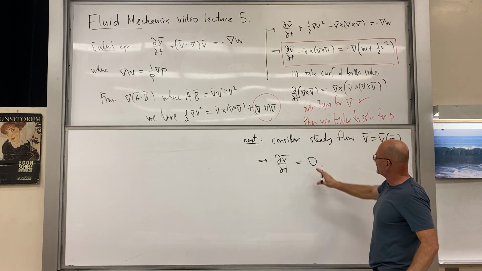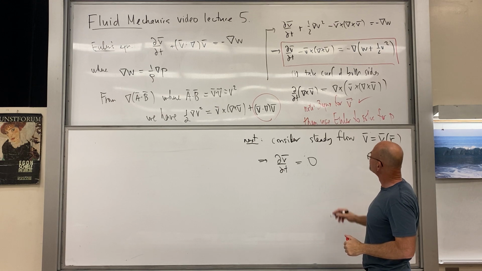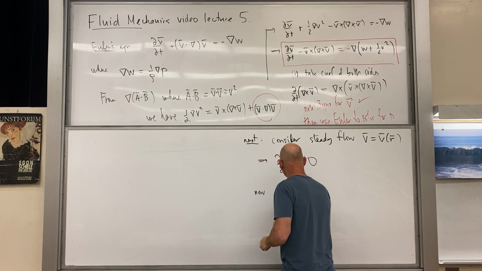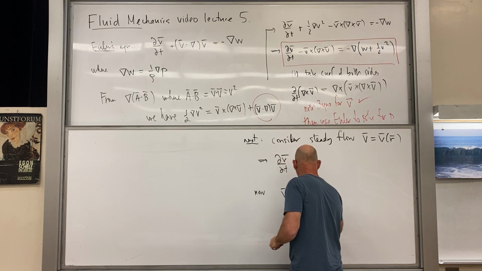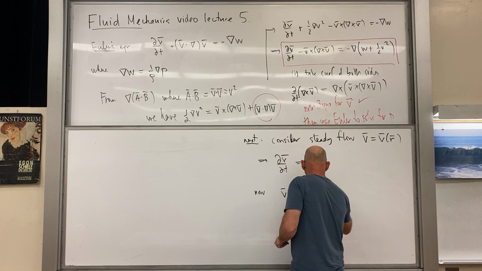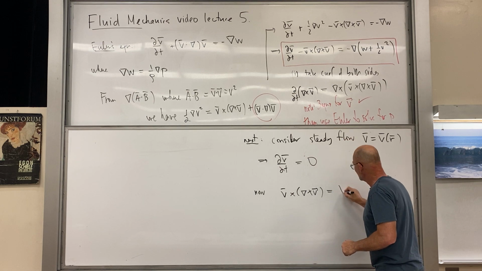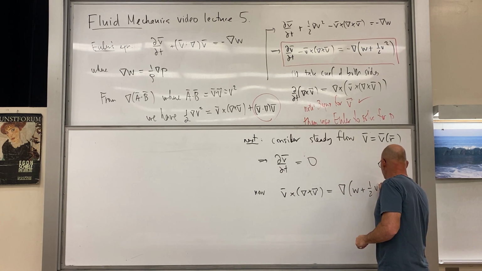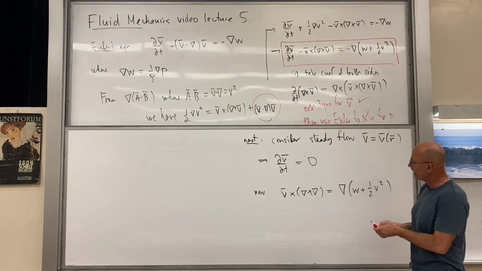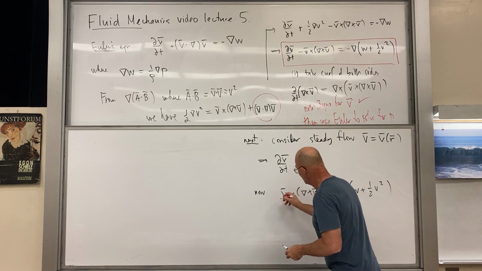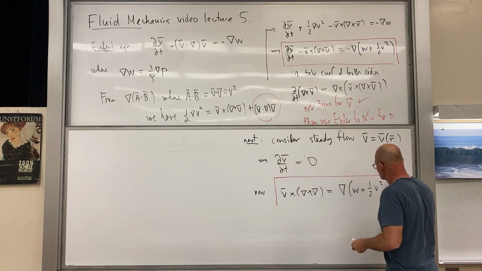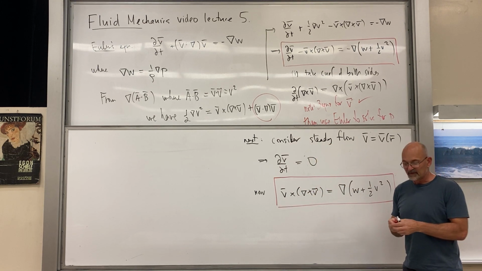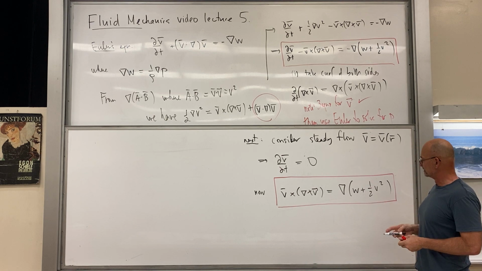Since dV dt is equal to 0, we now have V cross curl of V is equal to the gradient of W plus 1 half V squared. So now that's our differential equation, and this idea of streamlines brings a big simplification in.